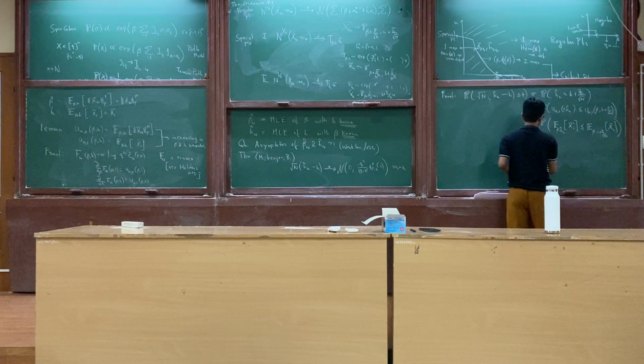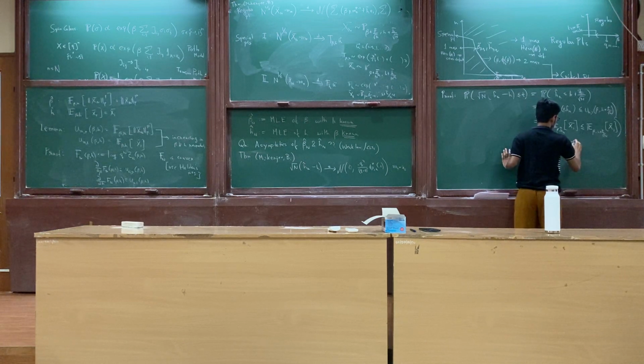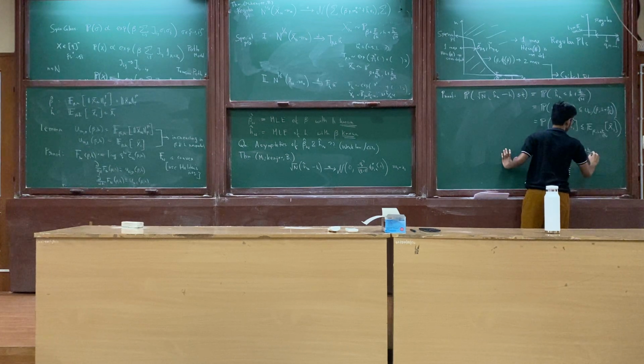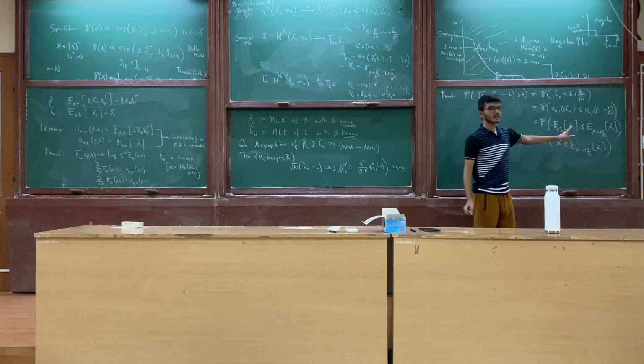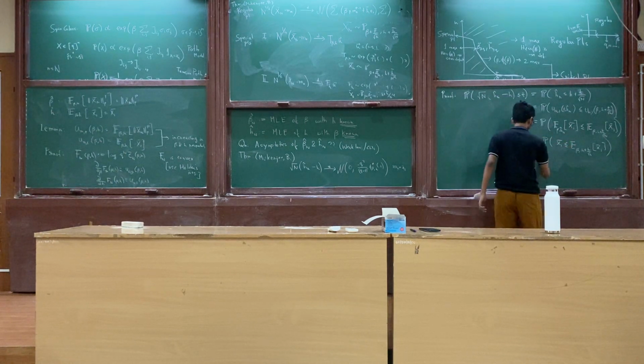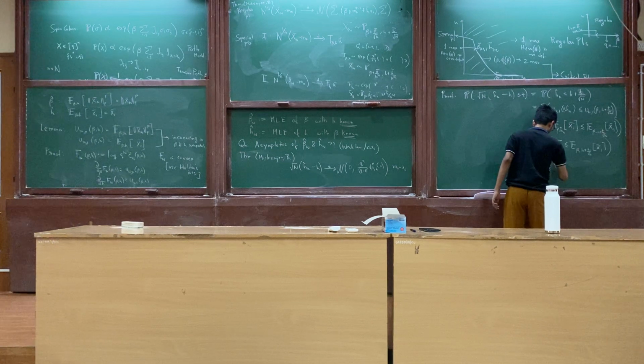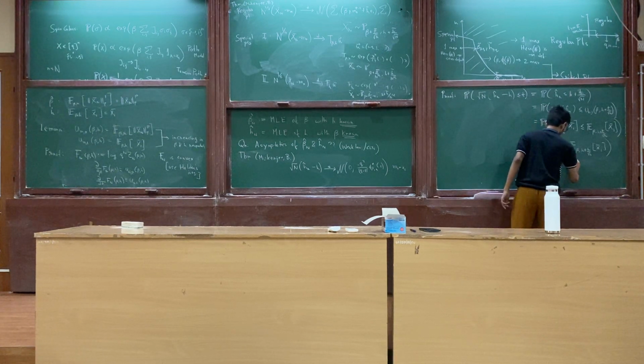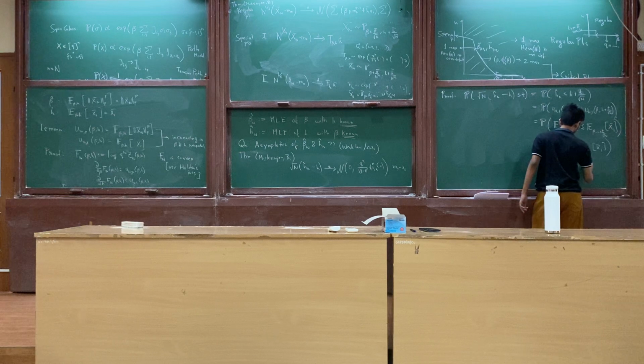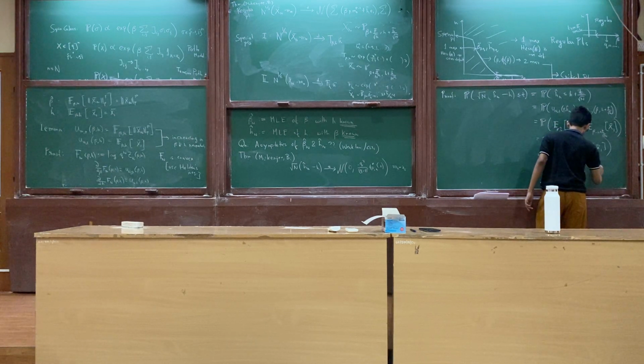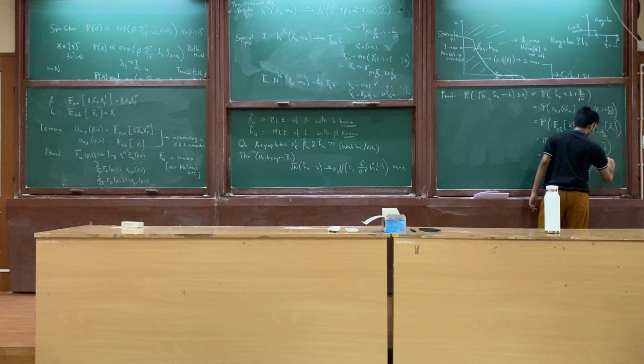So this is nothing but this. Now we subtract m star from both sides and scale it by root n: t by root n times x1 bar minus h.